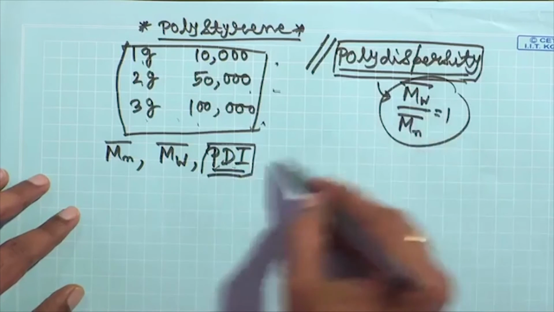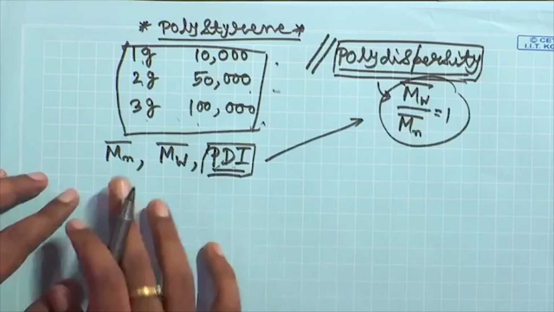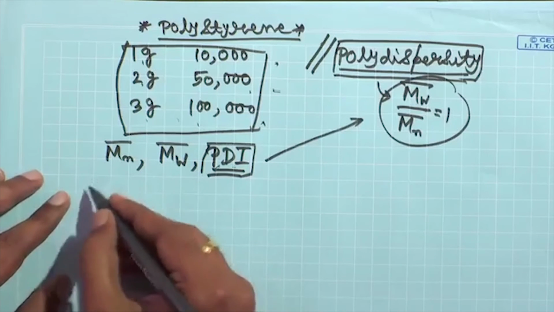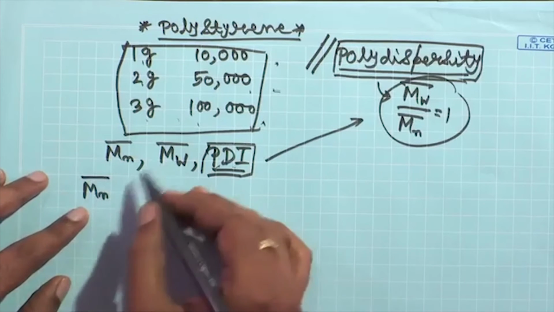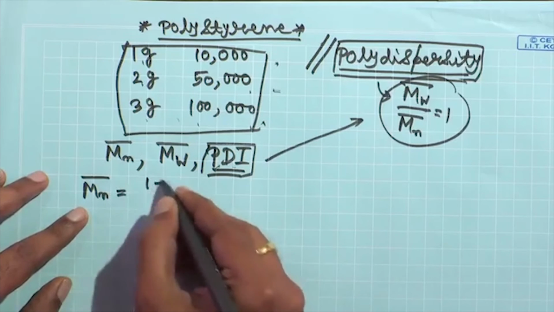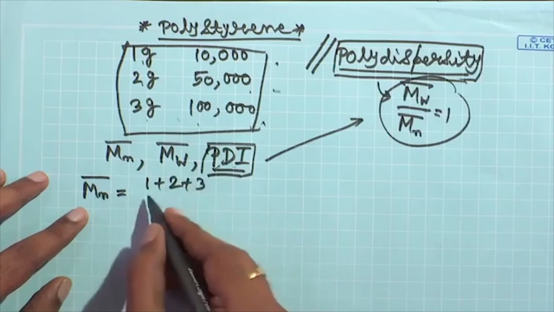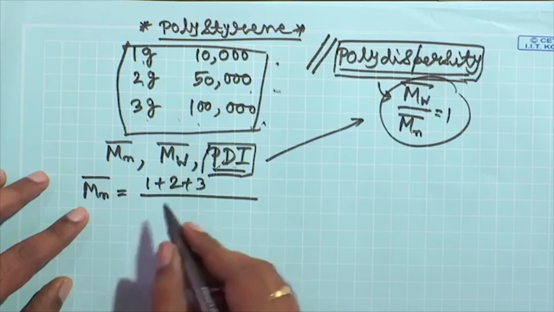Now, I am going to give you the formula. This is the formula, Mw by Mn. Now, Mn and Mw. In order to determine the value of Mn, it is total weight divided by total number of moles. So, total weight is 1 plus 2 plus 3, divided by total number of moles.